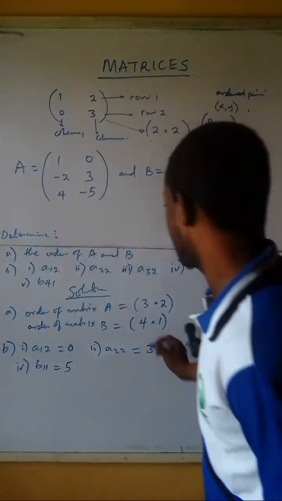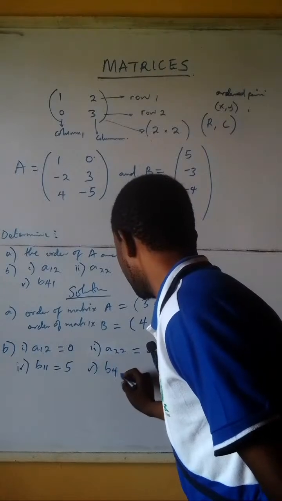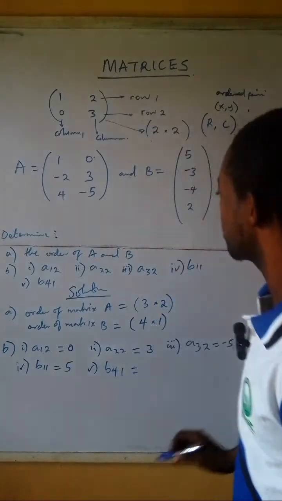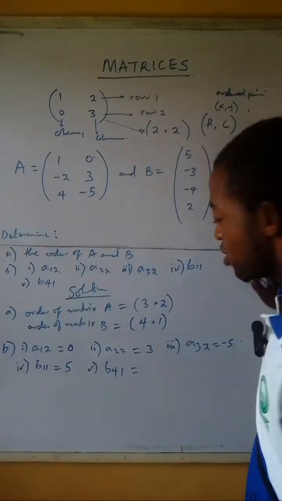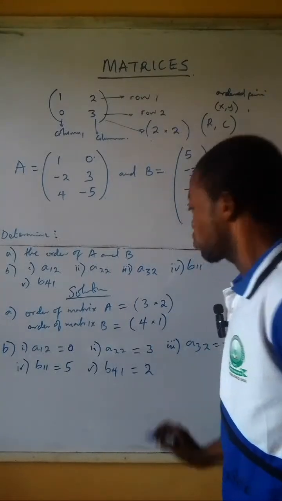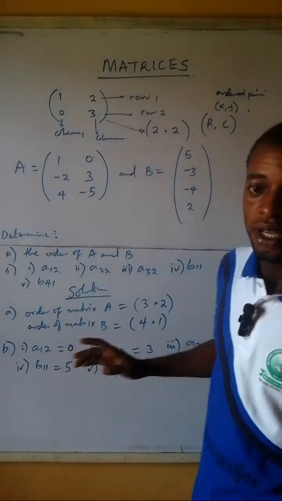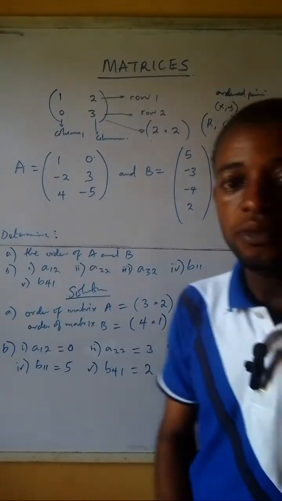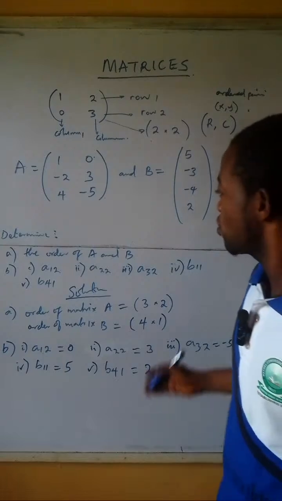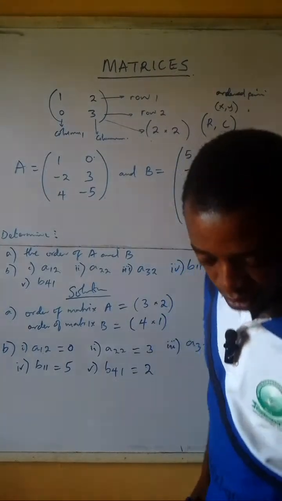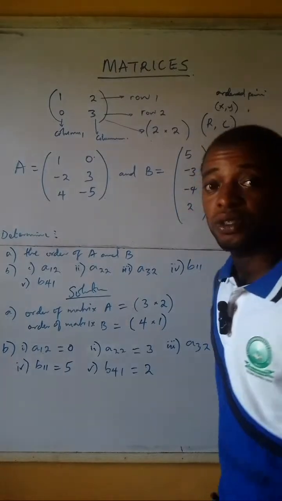Then the fifth one also, we have B41. And B41 here, element in row 4, column 1. So this is row 4. And that element there is 2. So that's the solution to this particular question. So we are able to identify the order of a matrix and also to identify the element in each position of a given matrix.